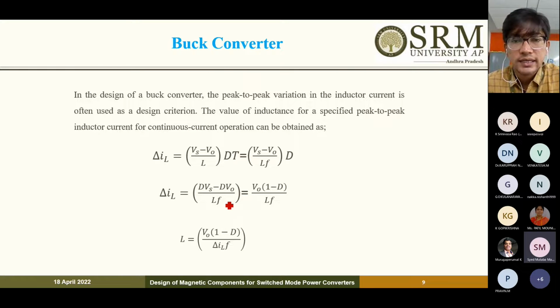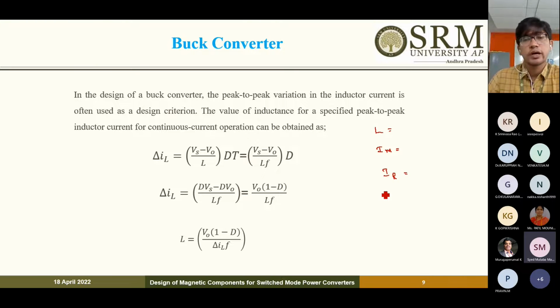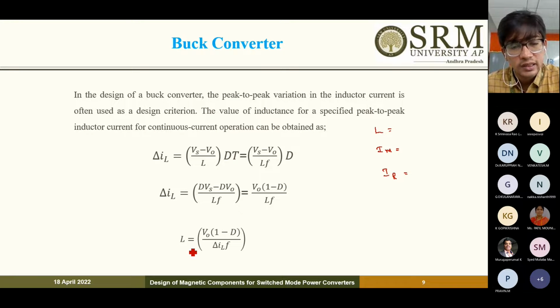Once you calculate the L value, you can design it by substituting the various parameters, and I max we have also obtained, and also the average value of inductor or load current. As I mentioned, the L value can be designed in another way also: L will be equal to V0 into (1 minus d) by del IL times f, where del IL is the ripple current of the inductor.